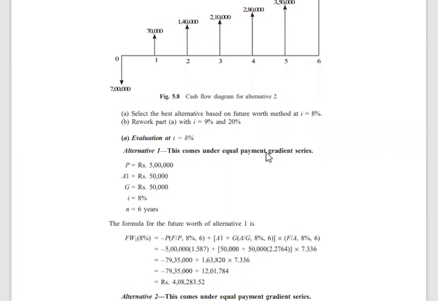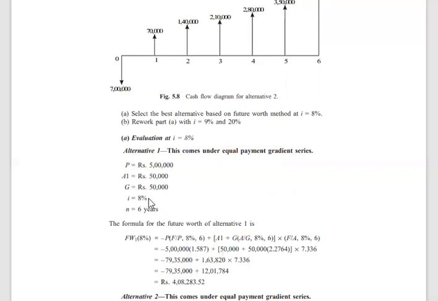Now you can have the formula for the future worth of the alternative, that is minus P into F by P. You know about F by P; please check the previous chapters, where I have already mentioned it. You can use that and solve this problem.